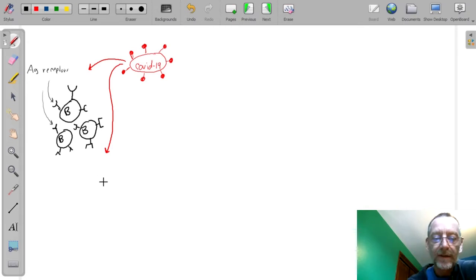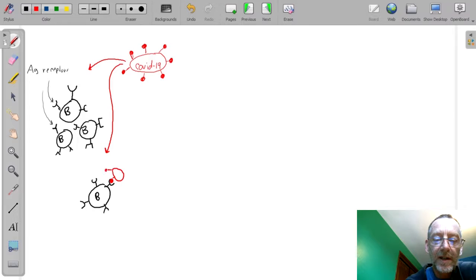So if I can give myself a little bit more room, here is the B cell again. And it just happens to have a little shape on the antigen receptor that binds this particular antigen. So COVID-19 binds to the B cell.